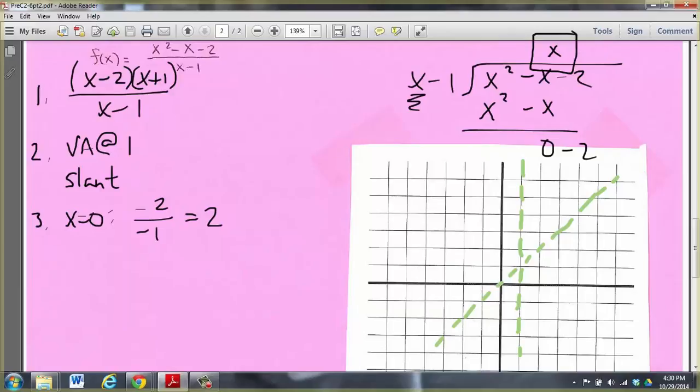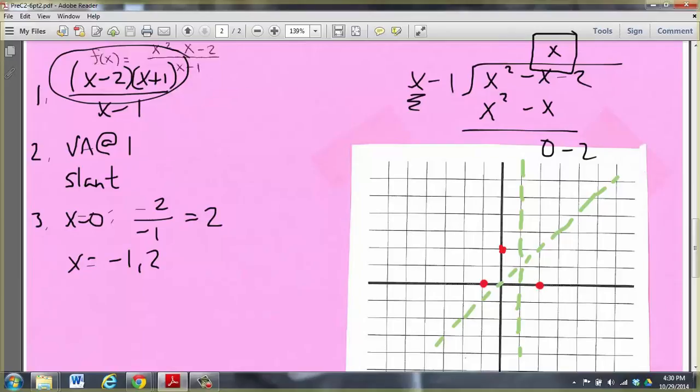So the y-intercept is 2 right here. You set the equation equal to 0, and based on what we have up here, x equals -1 and 2.